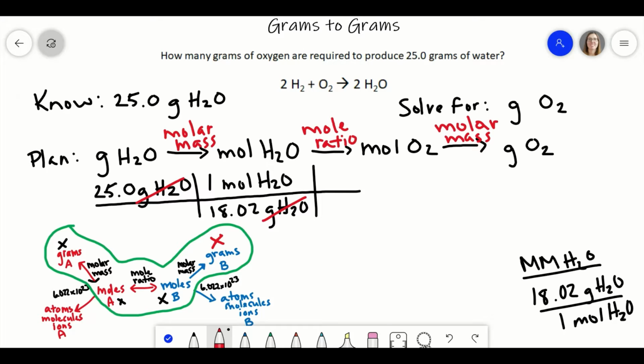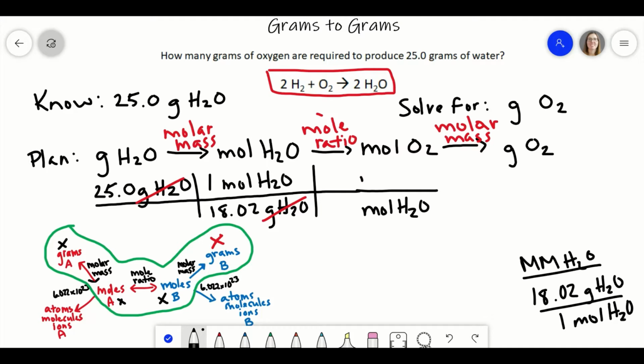Next, I'm going to use the mole ratio to go from units of moles of H2O to moles of O2. Mole ratios come from the balanced chemical equation, so I will be using this to set it up. I want to get rid of my units of moles of H2O, so I'm going to put that unit on the bottom. And I want to solve for moles of O2, so I'm going to put that at the top or in the numerator.